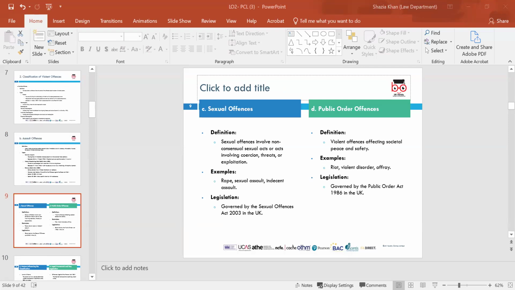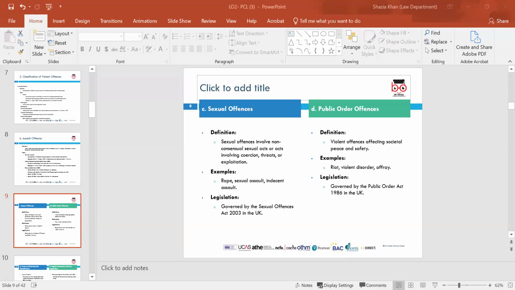Sexual offences is the next one. There are a range of crimes that can be considered as sexual offences, including non-consensual crimes such as rape or sexual assault, or sexual acts, crimes against children, including child sexual abuse or grooming, and crimes that exploit others for sexual purpose, whether in person or online.